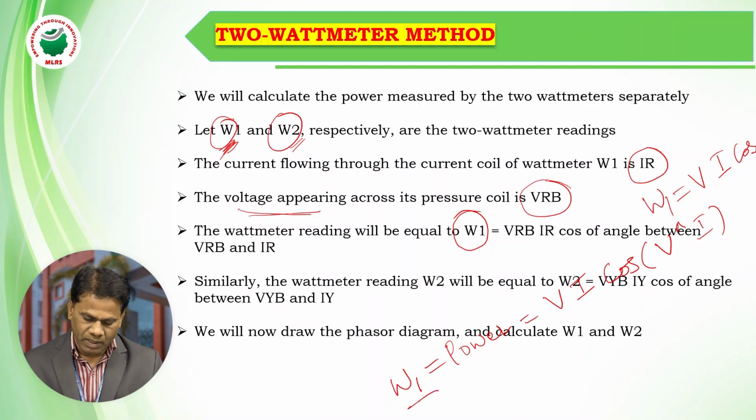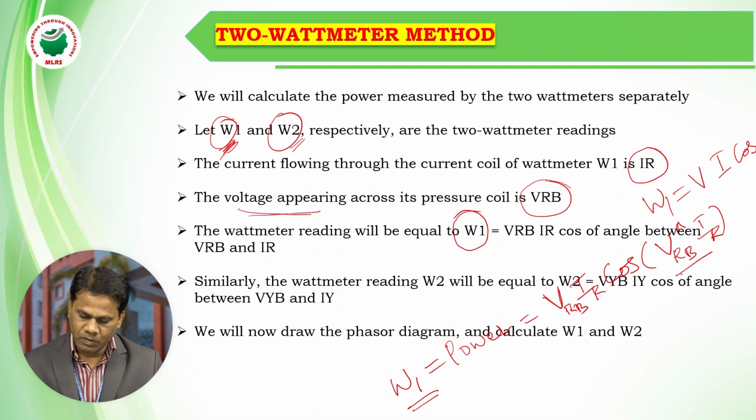Here for the wattmeter, we are connecting the voltage across the R phase and B phase. The current flowing through the current coil of wattmeter 1 is IR, and we take the cosine of the angle between VRB and IR.